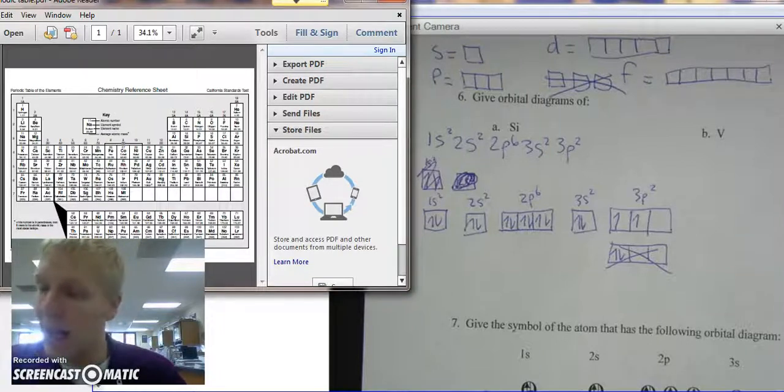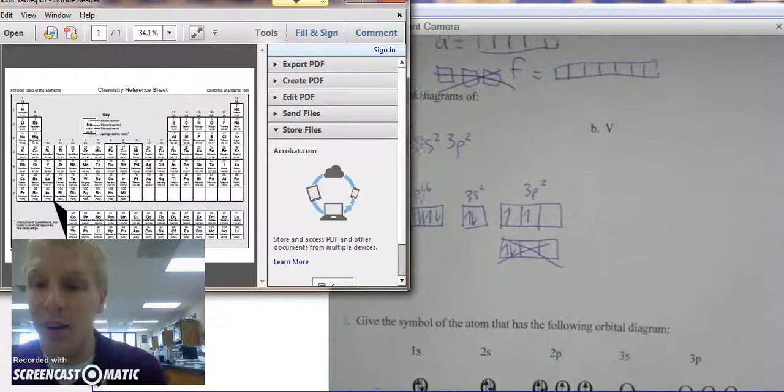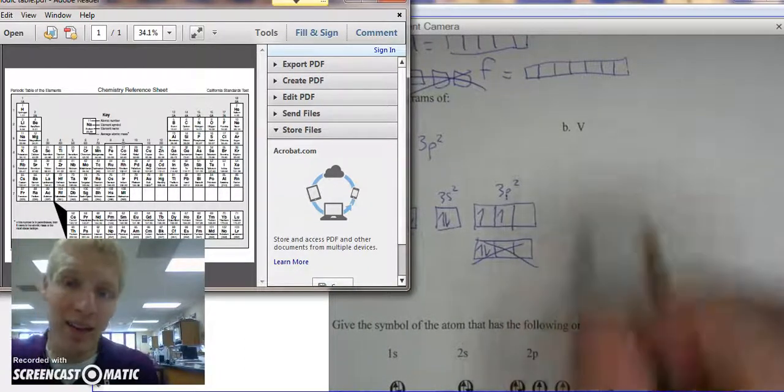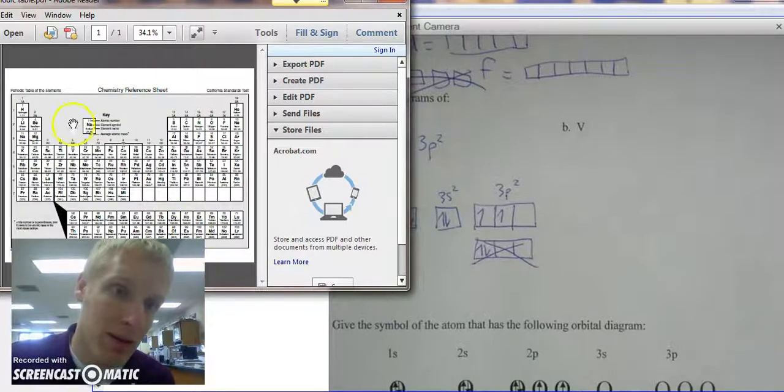Alright, but since we have some time, why not do another problem? So we've got vanadium right here. Again, doing the electron configuration is always helpful.